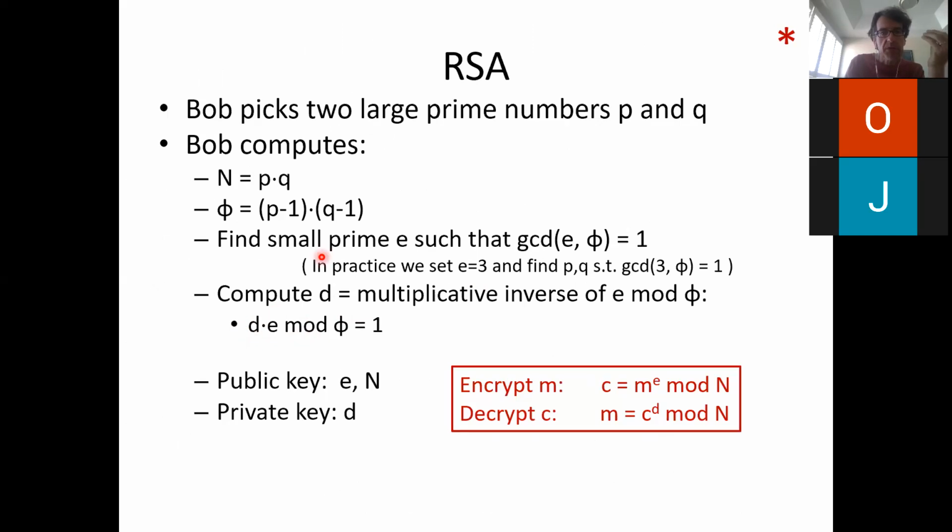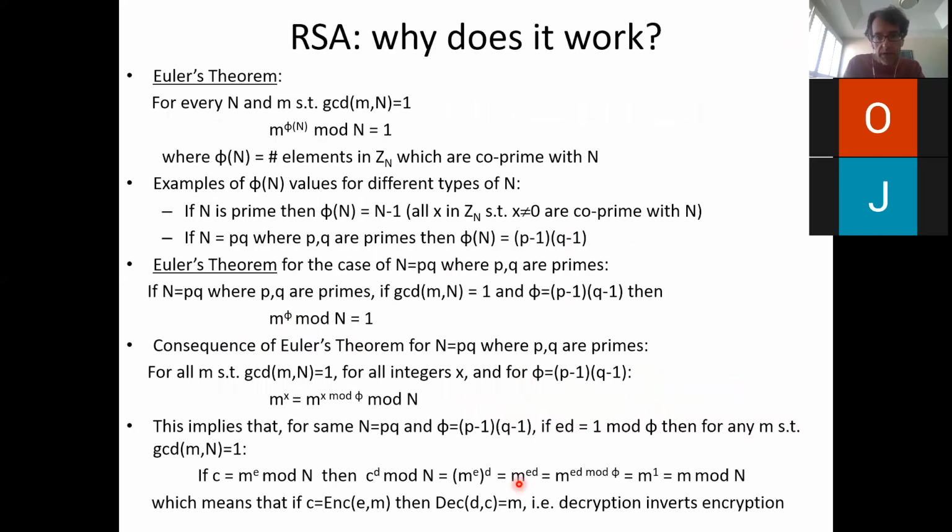And that's always possible because e and phi are coprime. So this d always exists. The multiplicative inverse exists, and can be computed with the extended Euclidean algorithm. So this is the constraint between the private and the public key. And this constraint kicks in right here. It basically guarantees that m to this is the same as m to 1, and therefore it's just m. So this whole chain of reasoning argues why RSA encryption is correct. If you encrypt and decrypt, you always get the same thing.